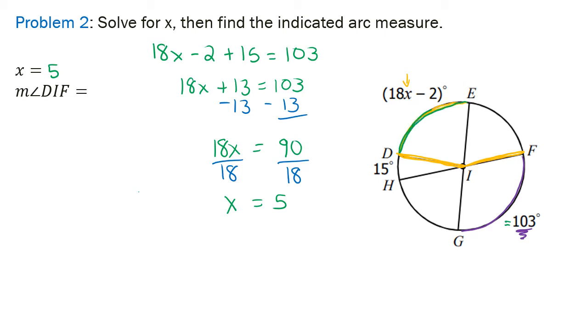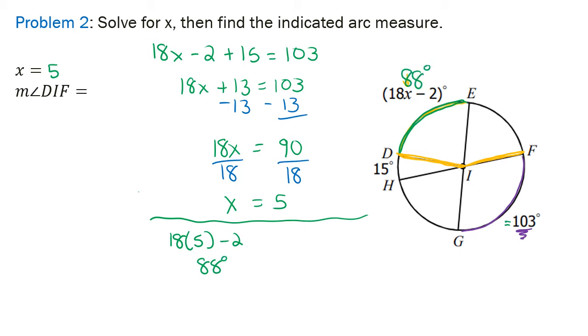So we're going to do that now. So 18 times 5 minus 2, we're using 5 because that's what x is, that's what we learned. 18 times 5 minus 2 is 88 degrees. So we know this is 88 degrees.